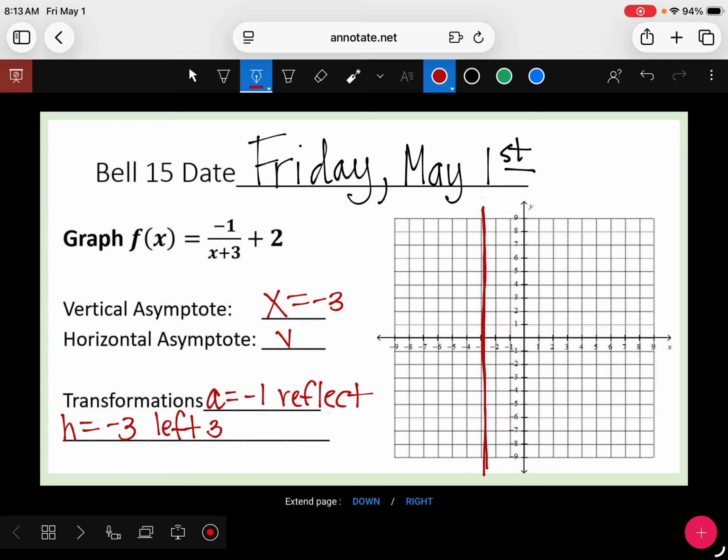K is +2, which is going to move my asymptote up 2. The horizontal asymptote is going to move up 2.